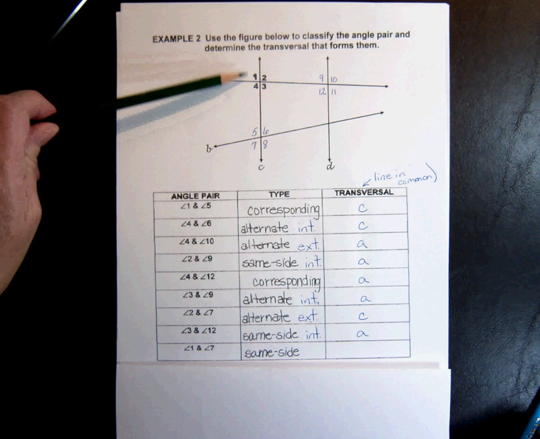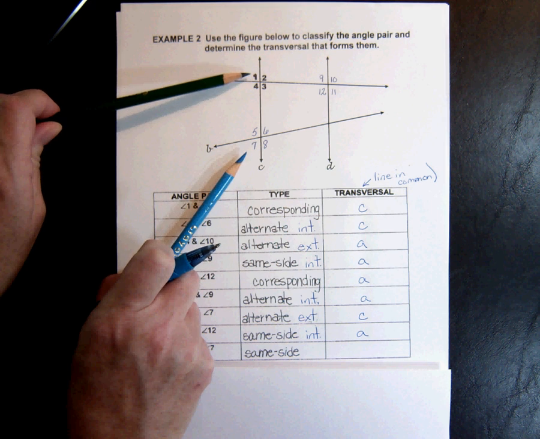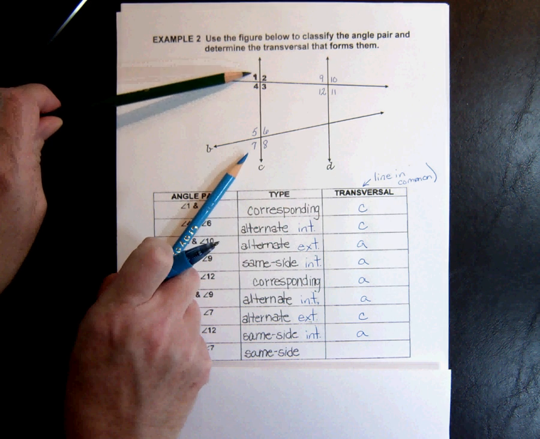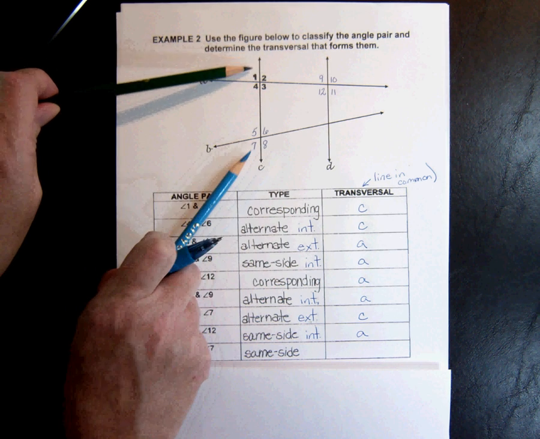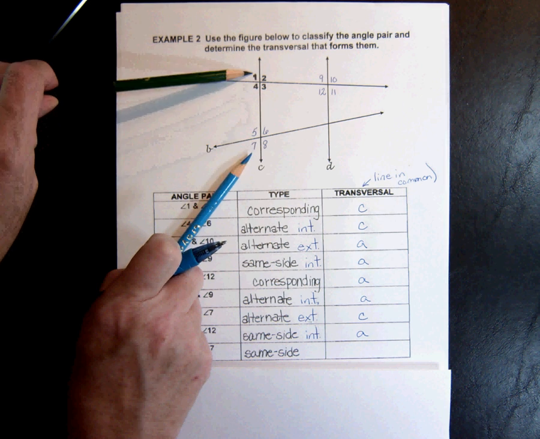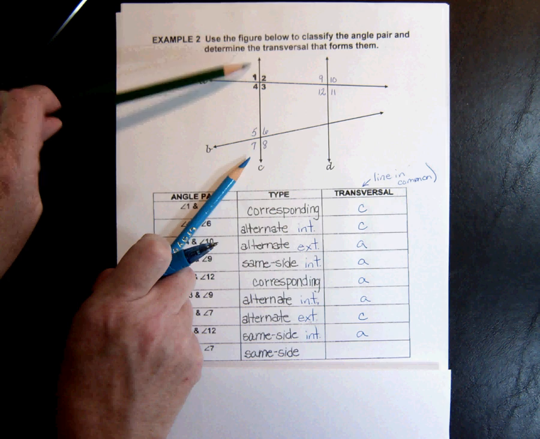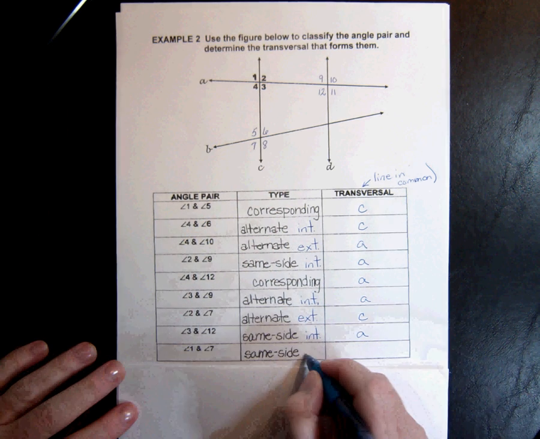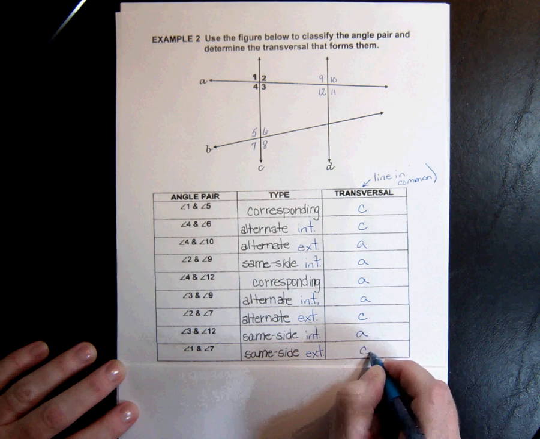Here's 1, here's 7. They're both on the same side. They didn't cross over the transversal. They're on the same side, with this one cutting them in half. So they're on the same side, but they're to the exterior. So this is exterior with the transversal C.